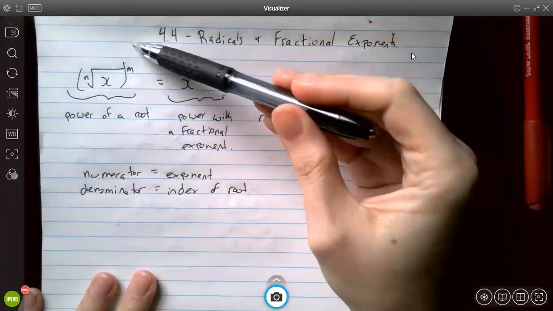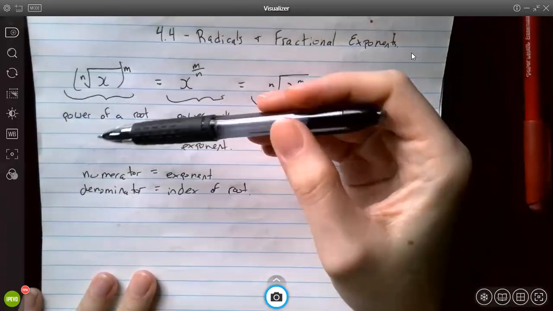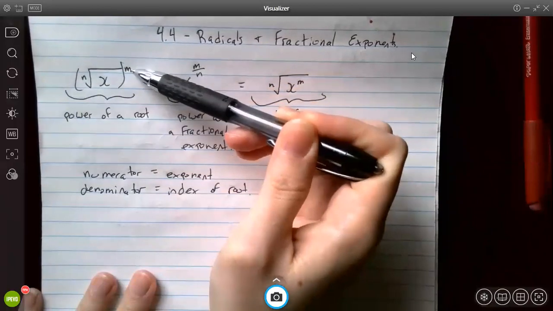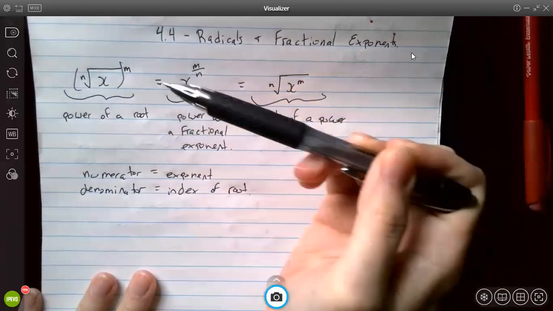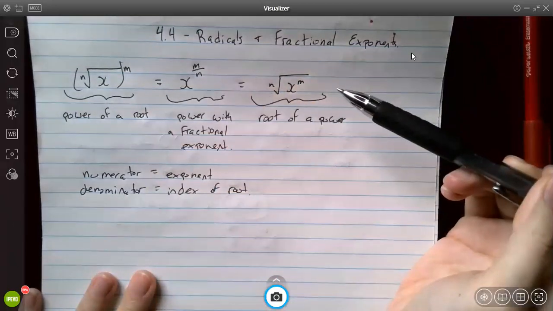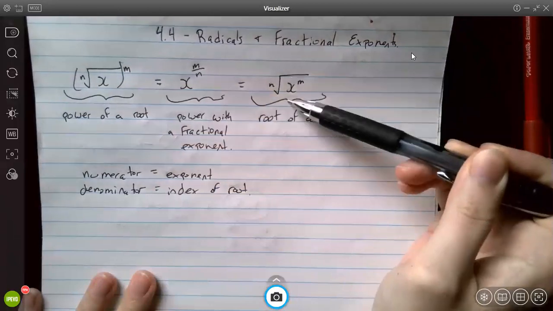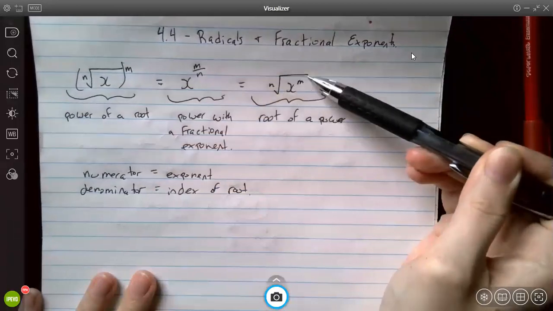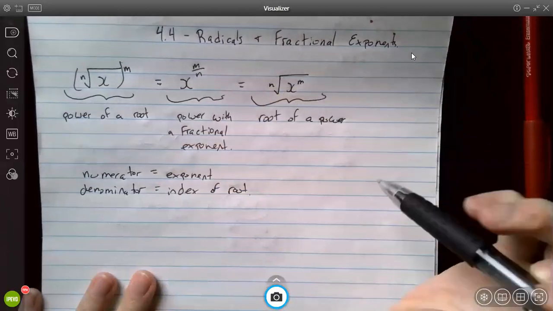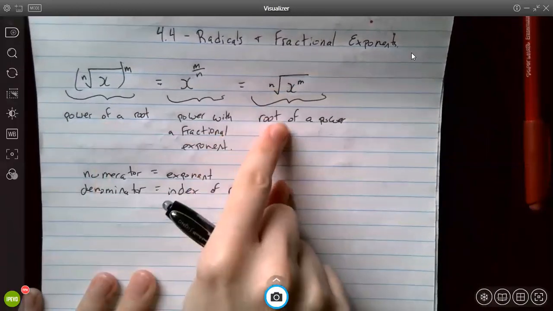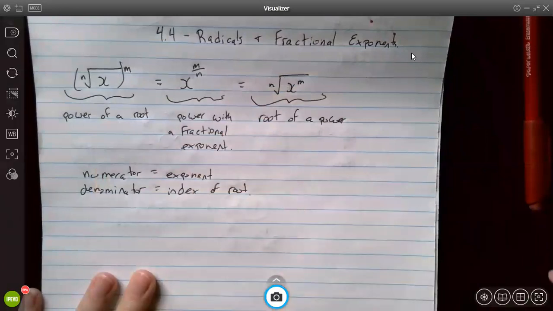One is called a power of a root, where you have your root and then the entire thing is to the power of some exponent. Or you can write it as a root of a power, where you have your root and then your power is entirely underneath the root symbol. Both of these, the power of a root and the root of a power, mean the same thing.